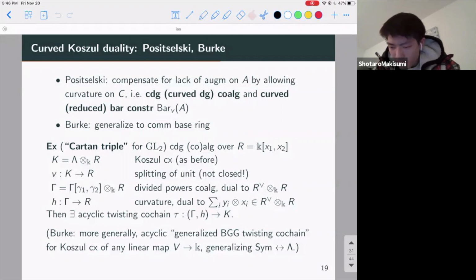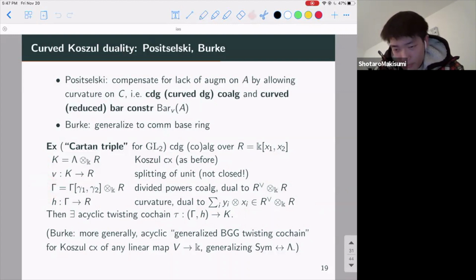And so in our application to the Hecke category, we have to take this idea seriously. It actually turns out that the curved complexes that were showing up in the definition in AMRW actually correspond naturally to a curved coalgebra.